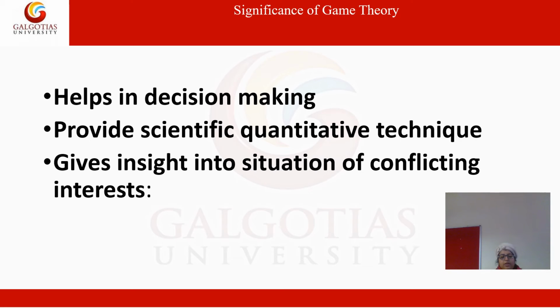Game theory gives insight into several lesser known aspects which arise in situations of conflicting interest. For example, it describes and explains the phenomenon of bargaining. So, these are the various types of significance of game theory.